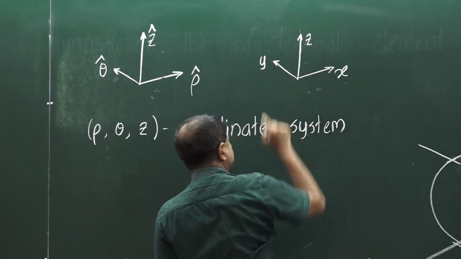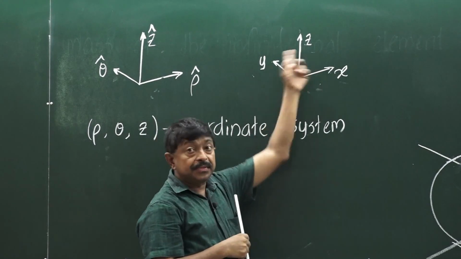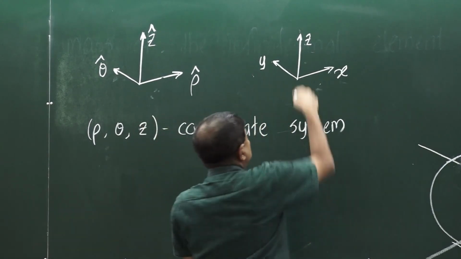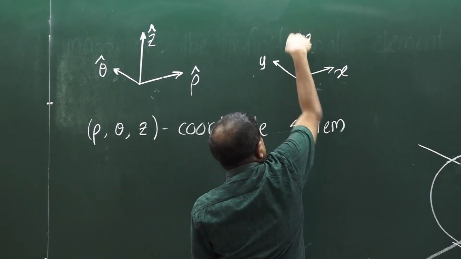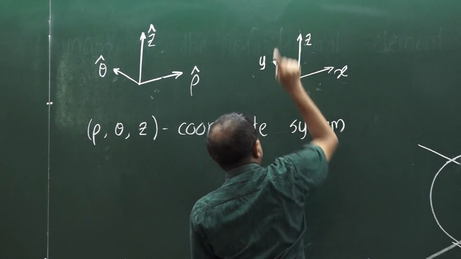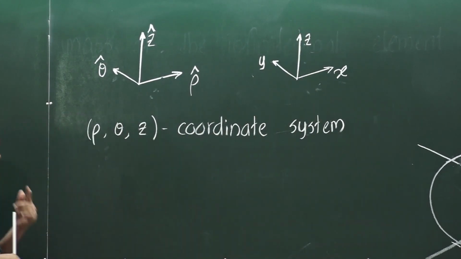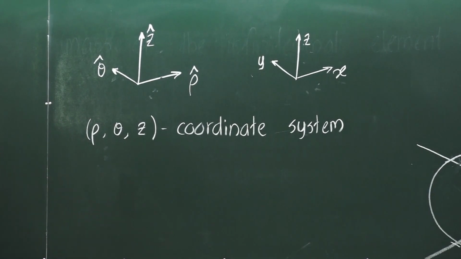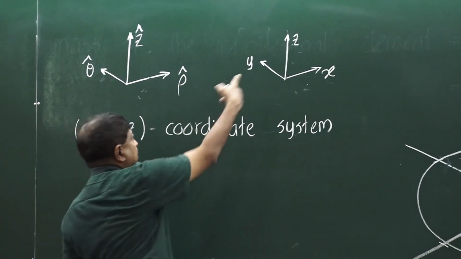So, that is the third axis. We call it the XYZ system. From the first and the second coordinate axes, you can get the third one.